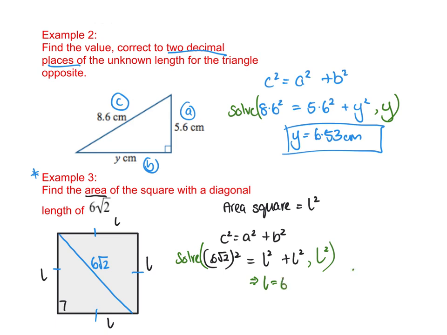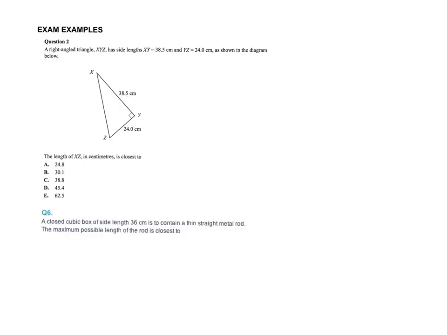Therefore the area equals 6 times 6, which equals 36. They didn't say what units, so I'll just say squared units, because I didn't give a centimeter or anything in that example. So that's all that is. If you get a worded question, maybe draw a little diagram.